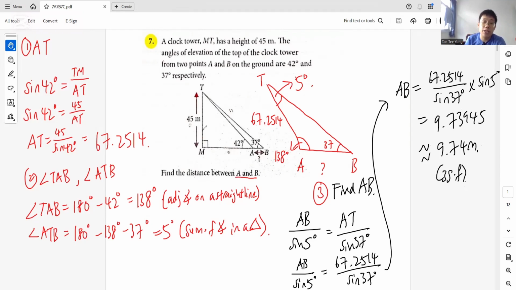In this case, I'm making use of SOH CAH TOA, what we learned in Sec 2, and also under Sec 3, we learn the sine rule. So I'm making use of the sine rule to solve for the distance AB. So this is it for question 7.